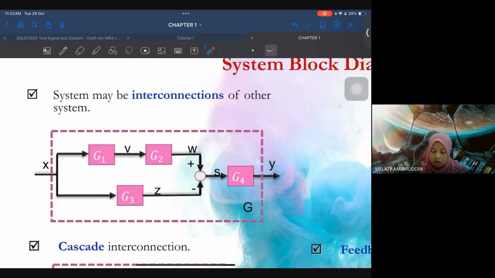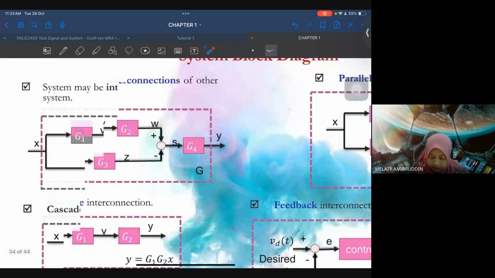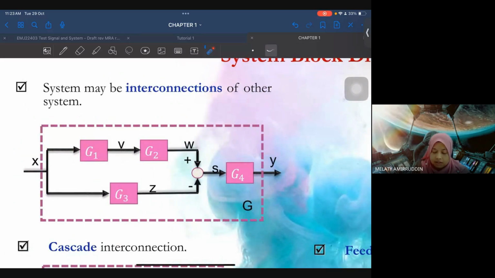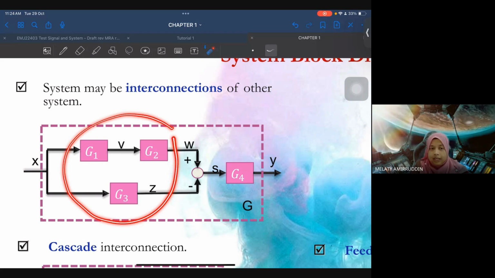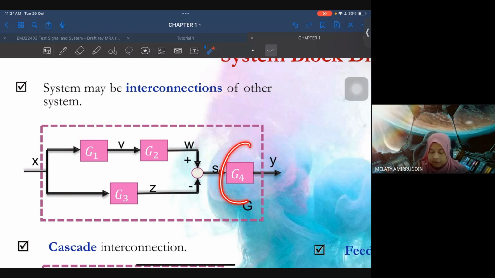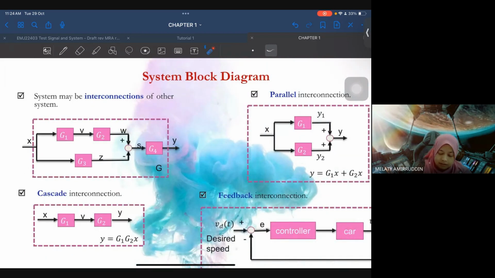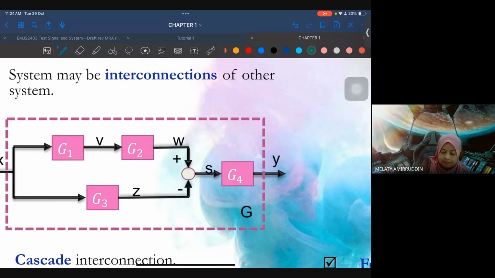This is what we call interconnection of signal. Okay, this is a combination of parallel signal and cascade signal. Okay, this is parallel.